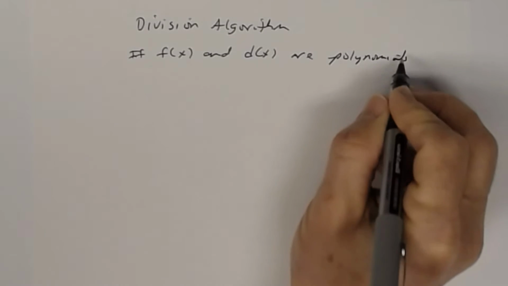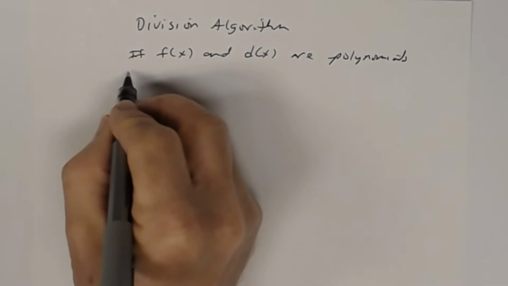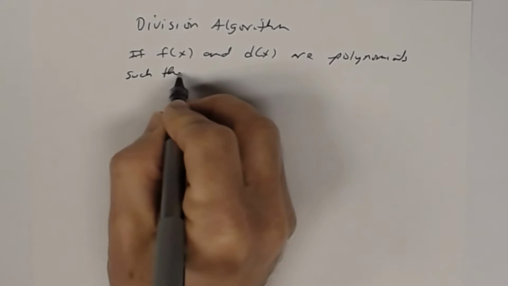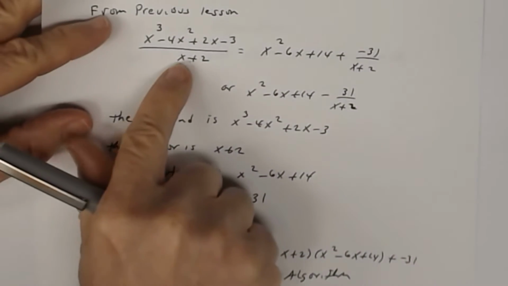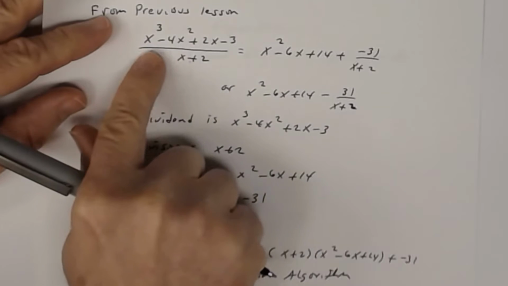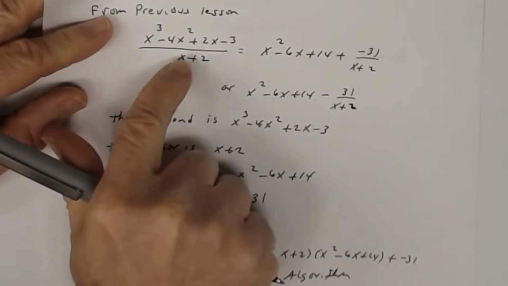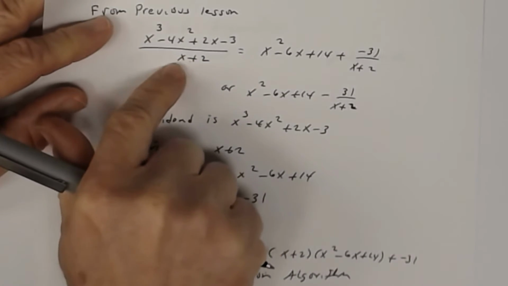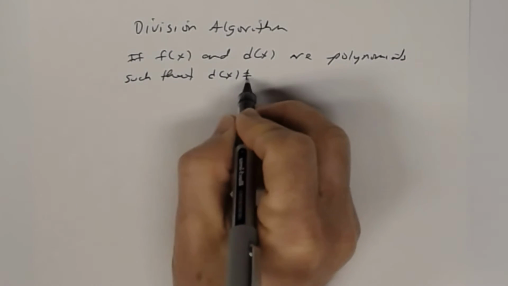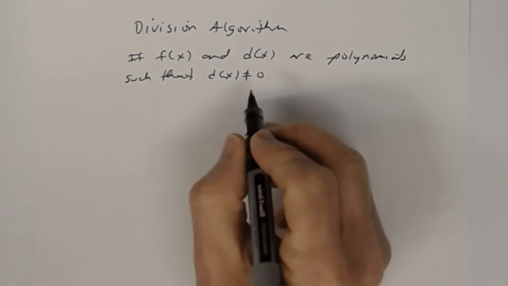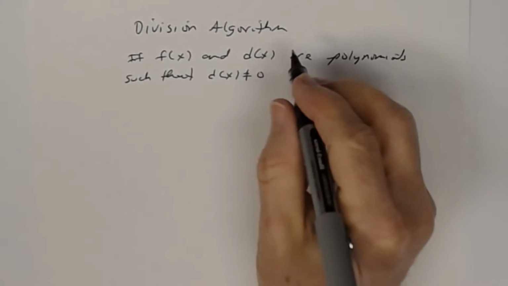So if f of x and d of x are polynomials such that, now remember in the previous lessons and previous courses, whenever you have a rational expression, your denominator cannot be 0. Remember that? Because that makes this undefined. Okay, so such that d of x is not equal to 0. All right, because remember we can't have a denominator of 0. So that's what this means right there.